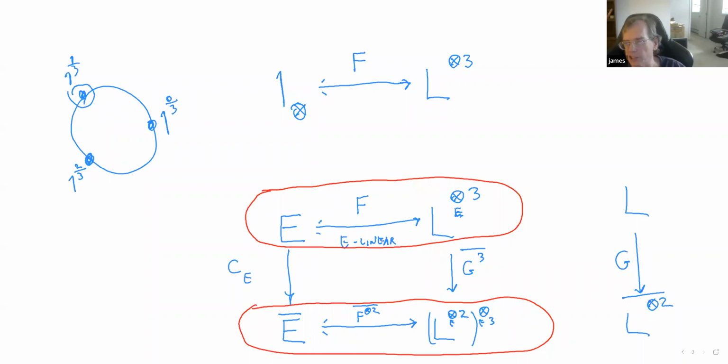I say slightly reluctantly because it's not actually quite a ring homomorphism there.